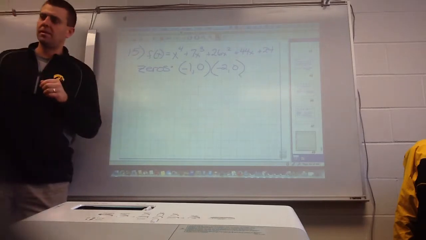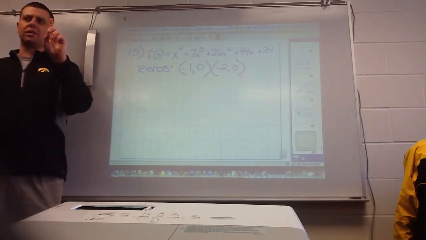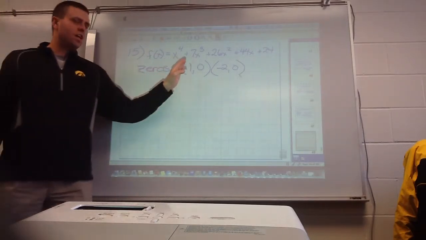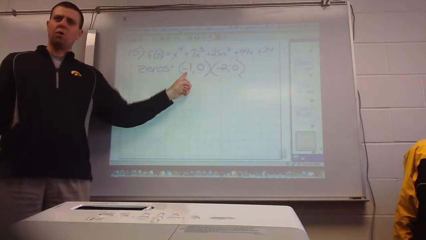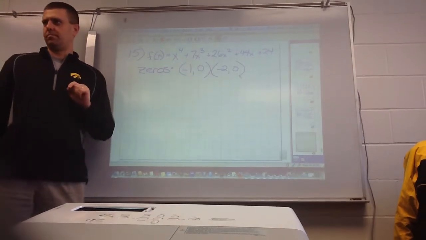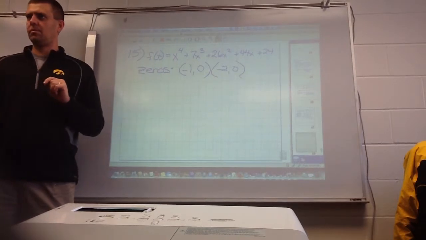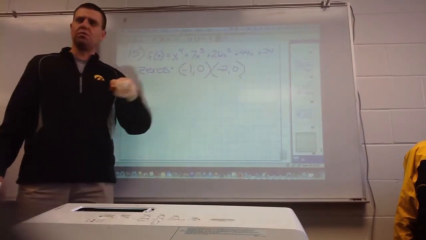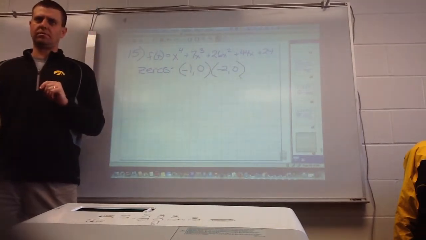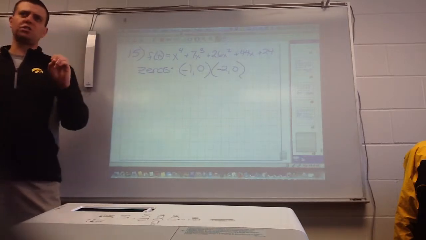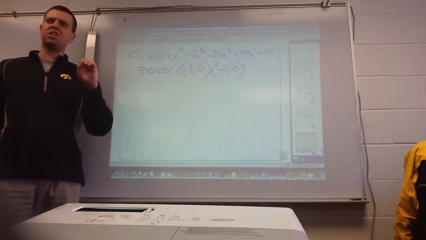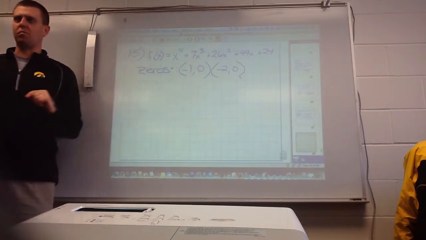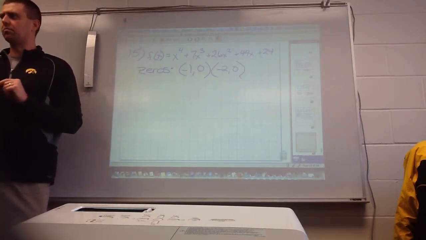Now, here's a big concept. If negative 1 is a zero, and negative 2 is a zero, could we use those zeros to do synthetic division on this polynomial? Yes.